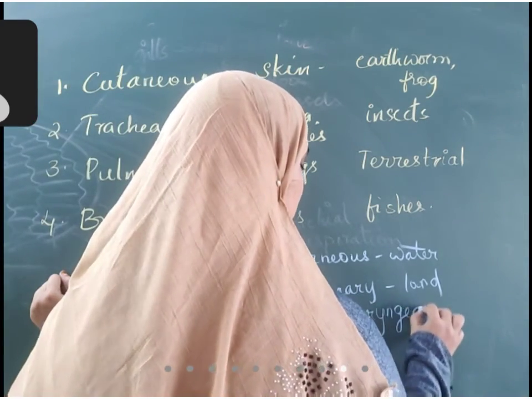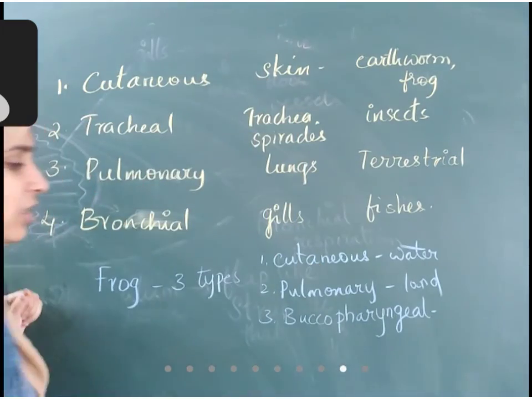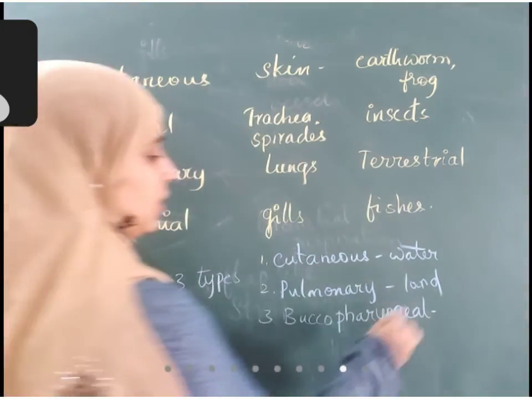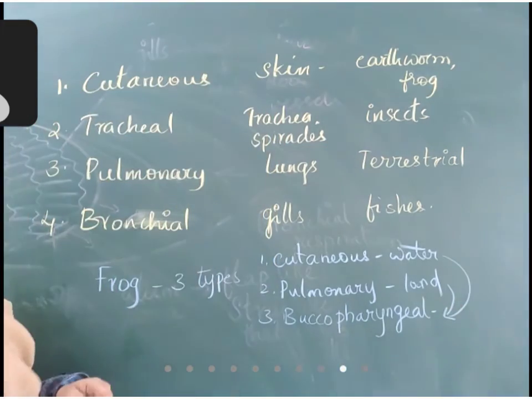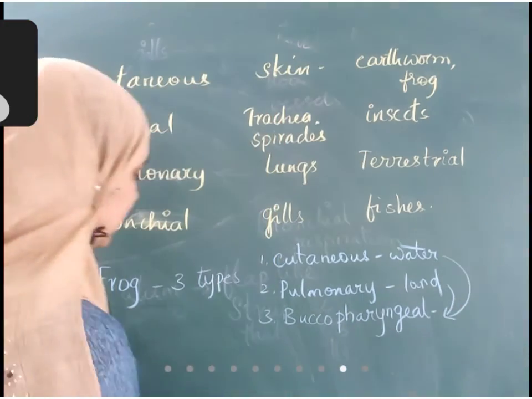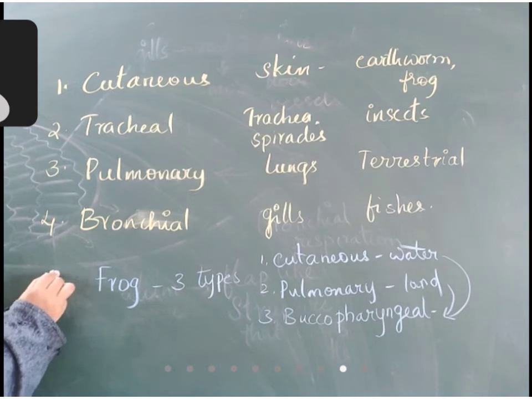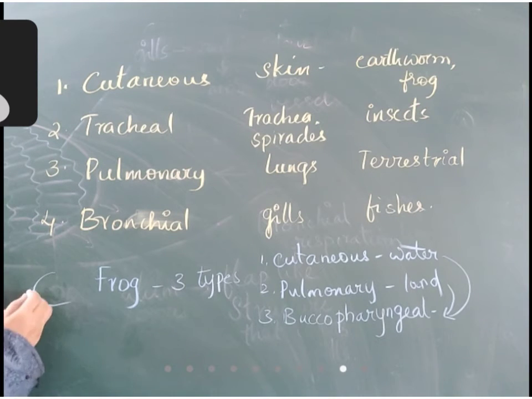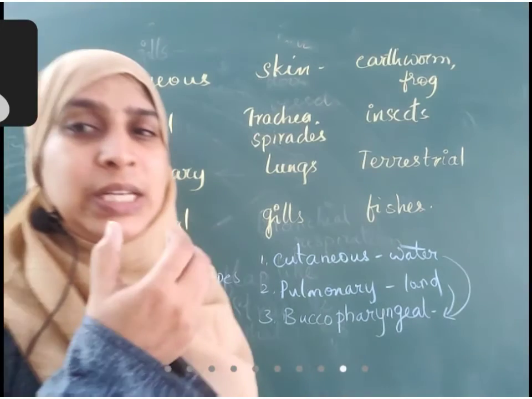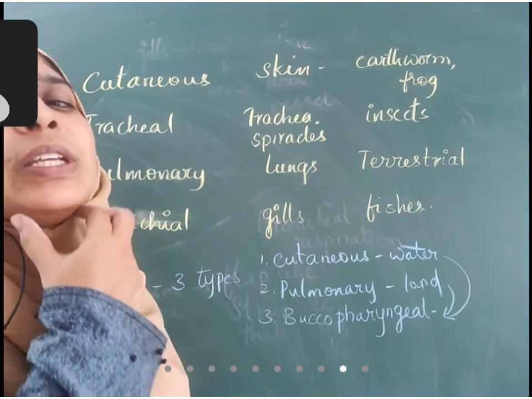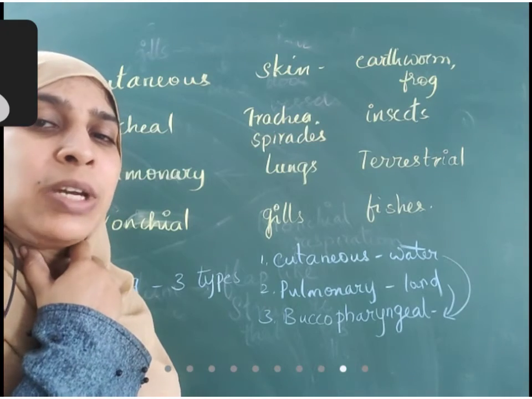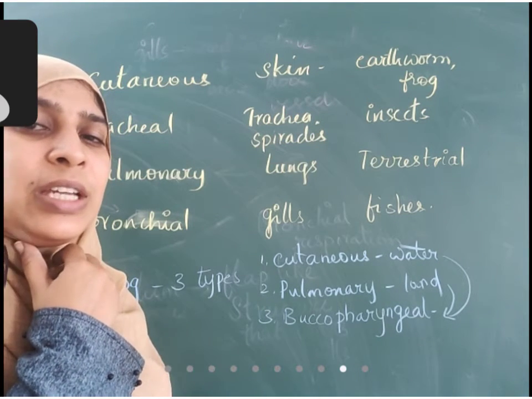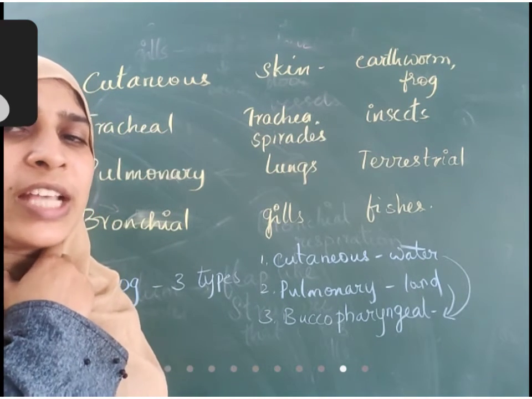What is this respiration? It occurs whether the frog is on land or in water. In both cases, it occurs. What type of respiration is this? The buccal cavity of frog, and what is the buccal cavity? The cavity inside the mouth is called the buccal cavity. Just below that, the area which is common between your nasal cavity and buccal cavity is called the pharynx.